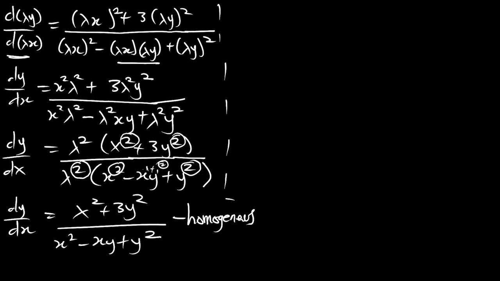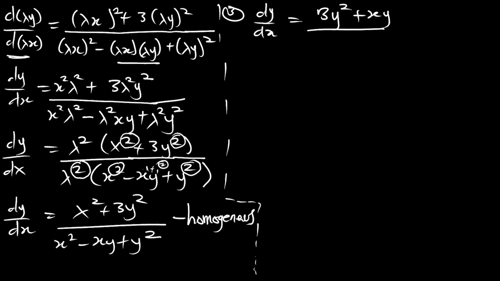This is just a test. So in a question where you are to test for homogeneity, this is an approach to use. Now the third example. Test if our equation dy on dx equal to 3xy on x squared is homogeneous or not.